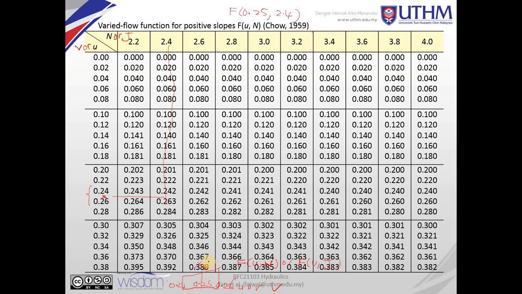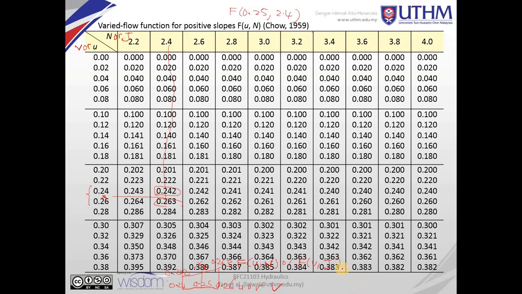What are the respective n values at 0.24 and 0.26, taken from this table? For 0.24, the function is 0.242, and for the higher value their function is 0.263.